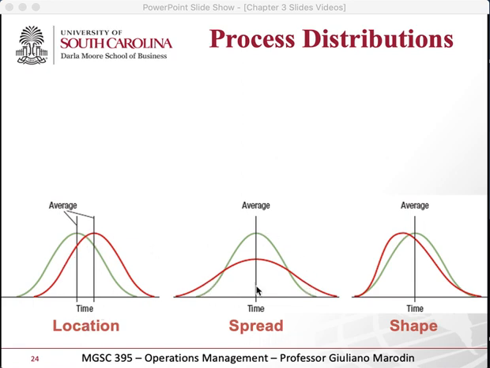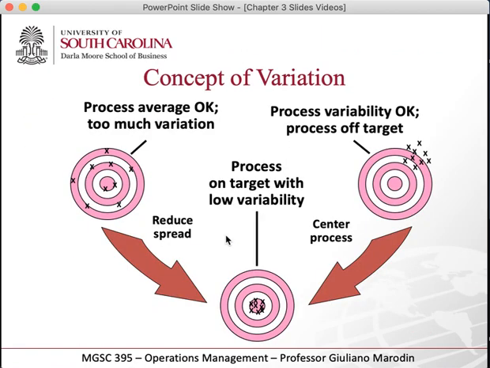What happened with the second one? Hopefully, you're saying that the average is the same, and I have a difference in the variation. What does that mean? Well, it means that it is mean centered here, the average is the same, but the variation is higher. So if you go back to this example here, it is a problem with spread, right?